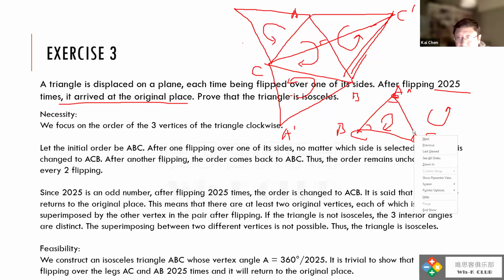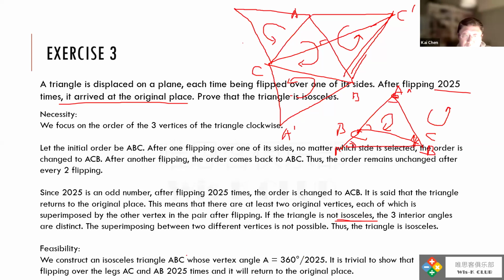Yeah, because imagine here you have another angle like CB. You have another angle, so you cannot superimpose it with yourself. So that means it's always necessary to have at least one pair of the interior angles the same. Yeah. So that means the triangle should be isosceles.